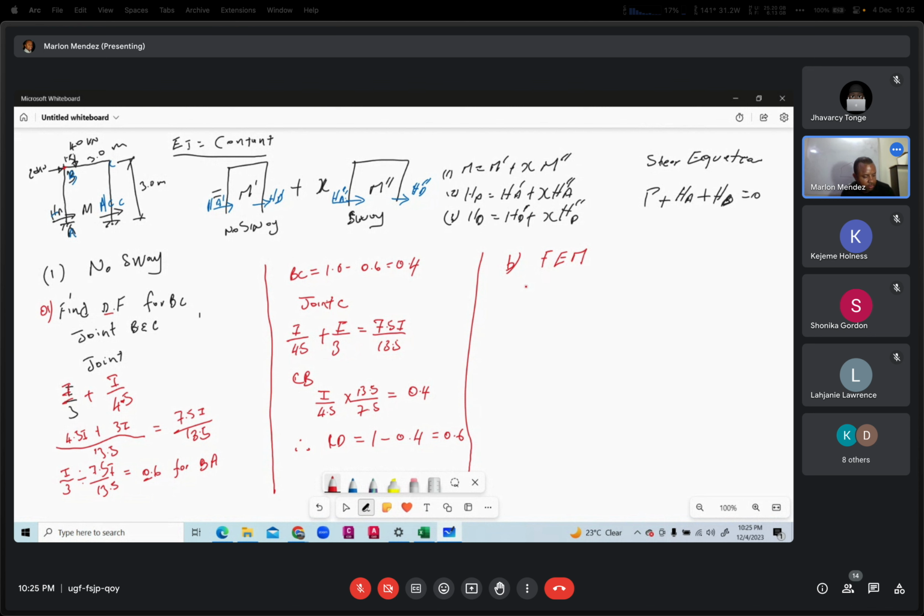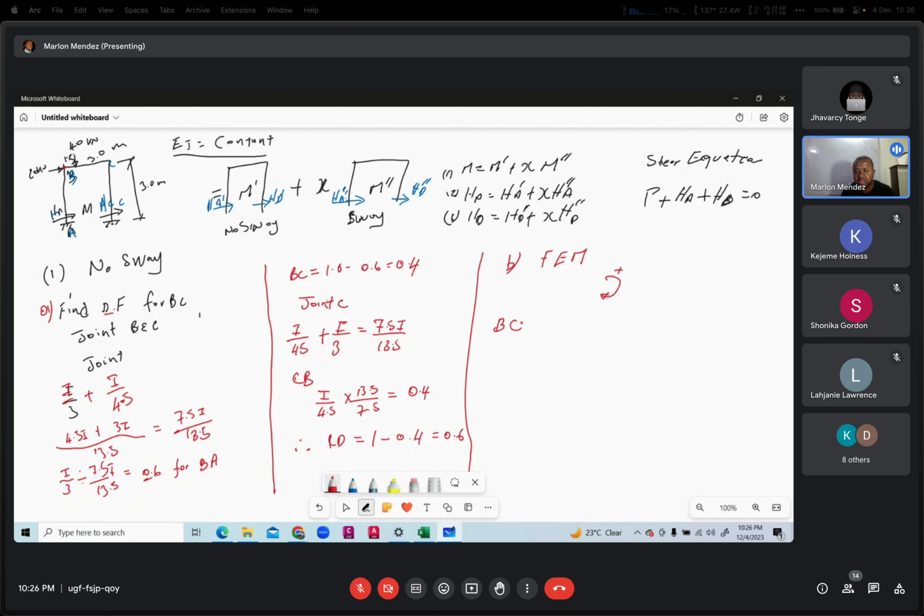In finding the fixed end moment, we want to establish our convention, and we already established that anything going clockwise is positive. So we want to look at member BC. Do you know why you look at member BC? The fixed end moments only apply where you have a load.